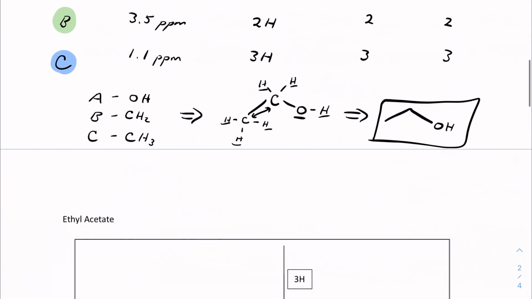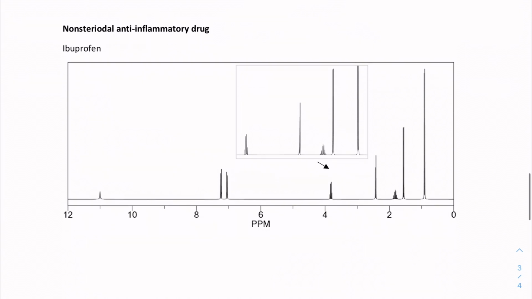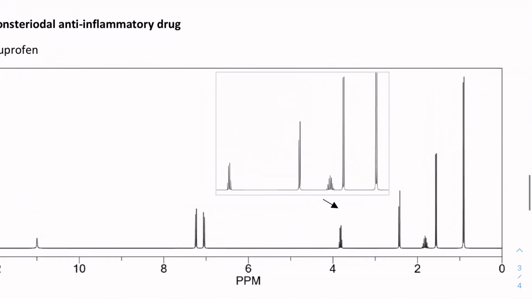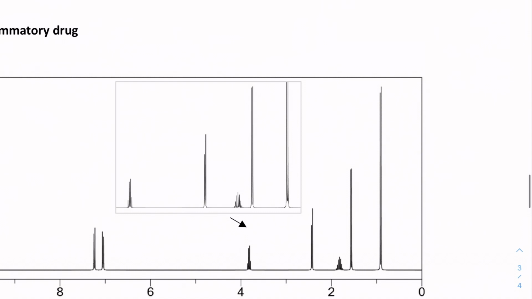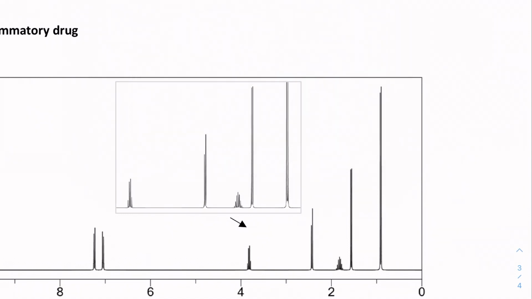Now we're going to go ahead and move on down to looking at a proton NMR, and specifically we're going to take a look at the ibuprofen proton NMR. Again, we can color code these signals, but since there are so many in this case, I'm just going to label them.